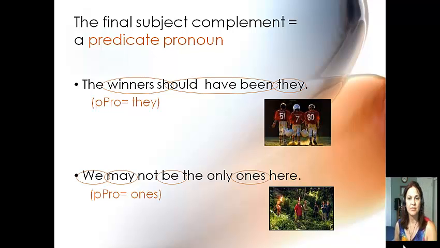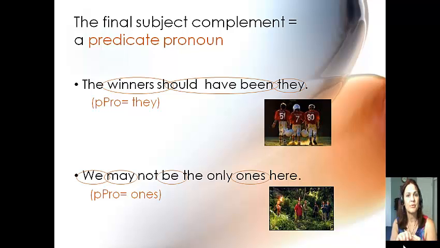Okay, so we have three kinds of subject complements with linking verbs. We have predicate pronouns, that is when you have a pronoun within the predicate. Example, what you see on the screen. Then we have predicate adjectives if what is linked with the subject is a describing word or an adjective.